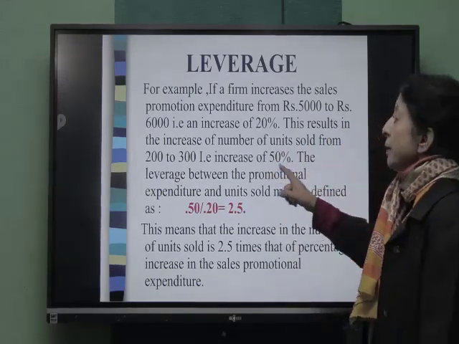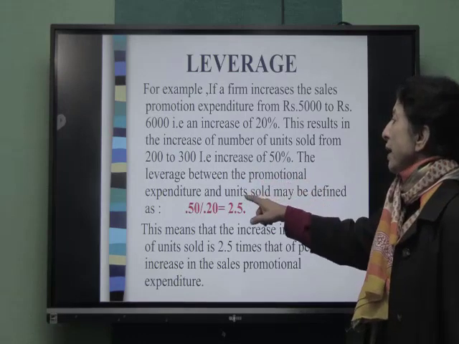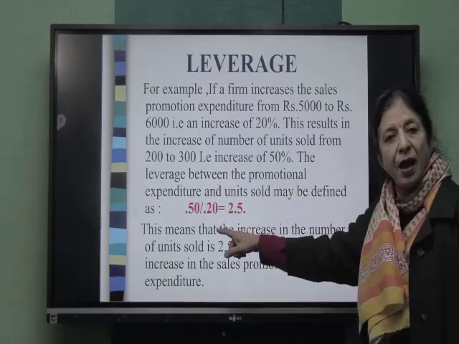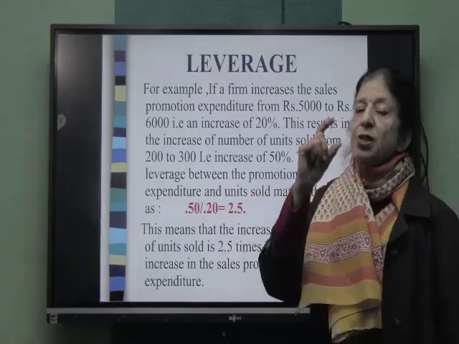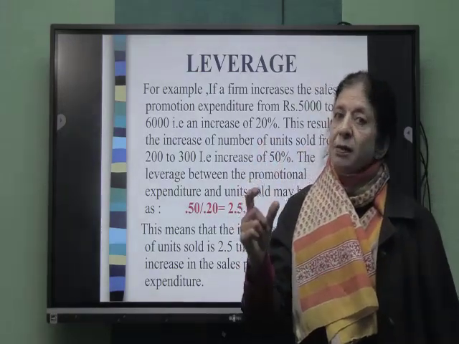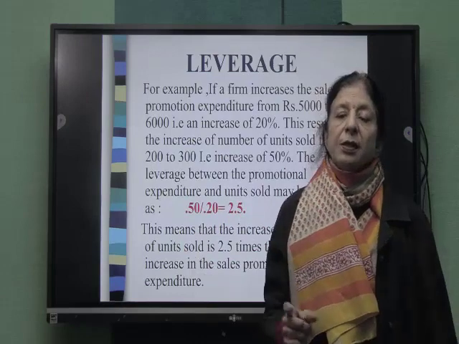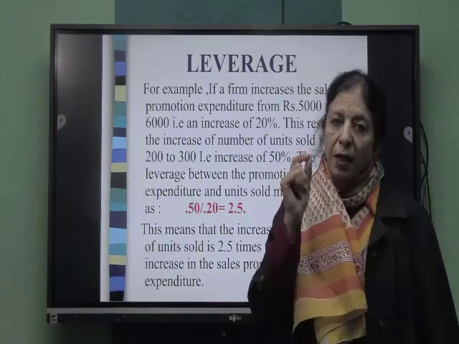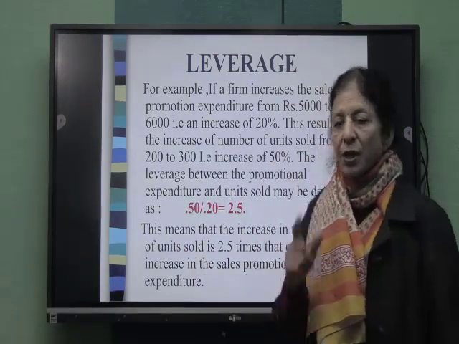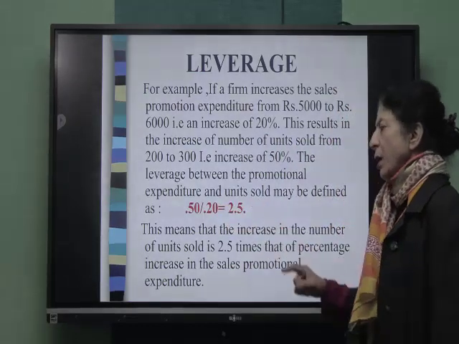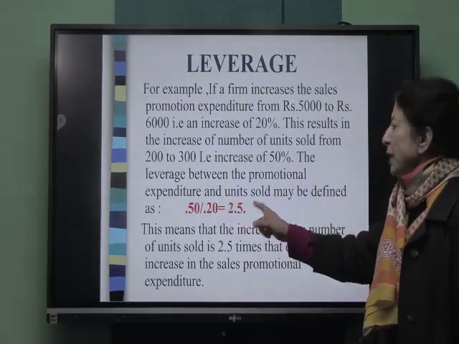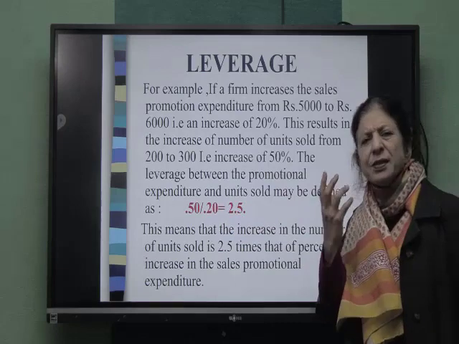Okay, the leverage between the promotional expenditure and the units sold will be defined as the percentage increase in the dependent, that is the units sold, 50%, upon the percentage change in the independent variable, that is the promotional expenditure, 20%. So 0.50 upon 0.20 comes out to 2.5. What do you understand by the 2.5?